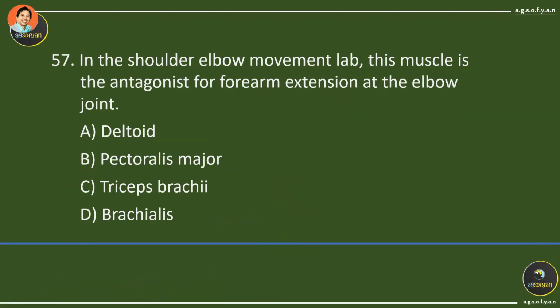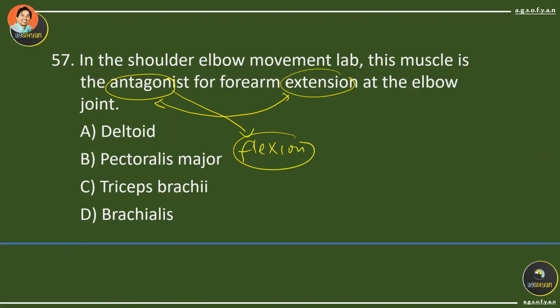Now, look at this one. In the shoulder elbow movement lab, this muscle is the antagonist for forearm extension. Antagonist means opposite of extension, so this muscle will be the one that performs flexion.